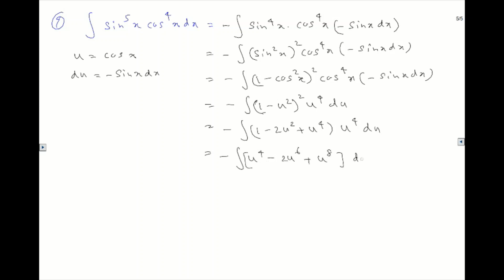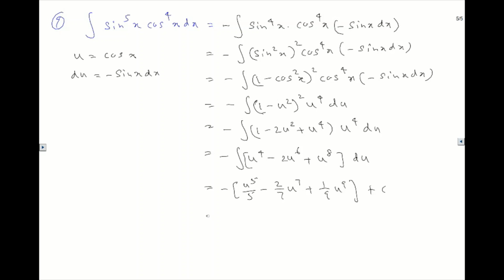Now we can integrate with respect to u. So if you integrate, this simply becomes u to the 5th over 5 minus, actually u to the 7th, not 6th, so it's going to be 2u to the 7th over 7, and then plus u to the 9th over 9 plus c.